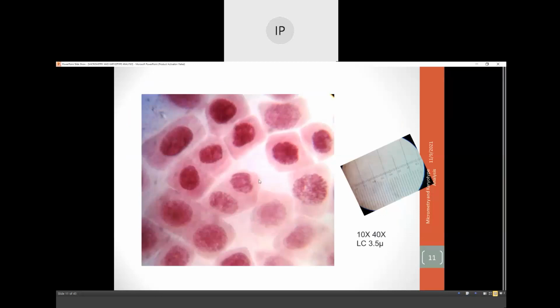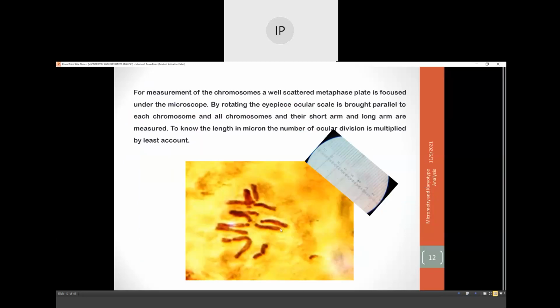Now, this is the photograph of the scale, and this is the photograph of the material. With the help of the scale and the photograph of the material and scale, the measurement can be taken, and this is for measurement of the chromosomes.